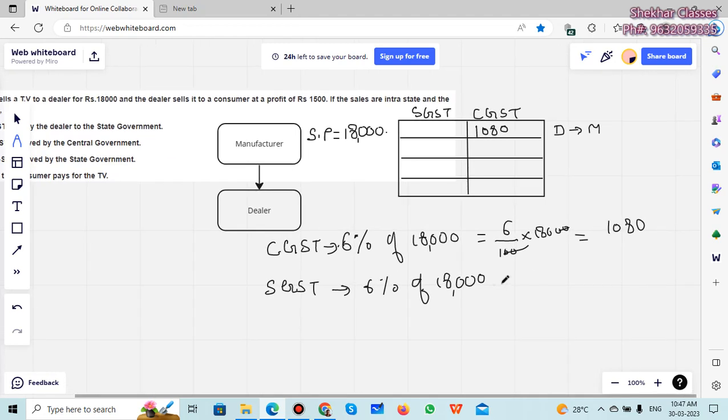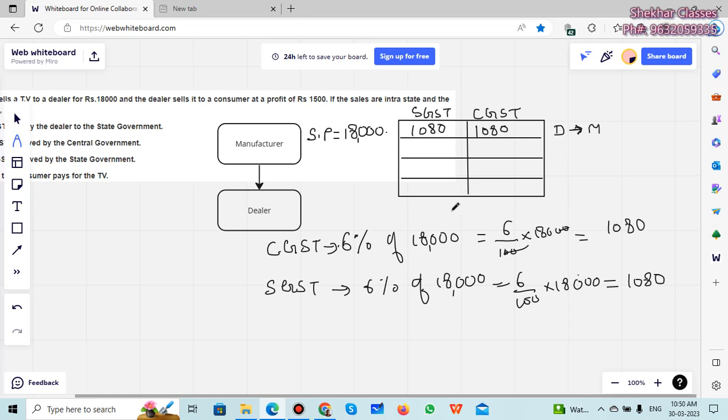If you calculate SGST also, it will come the same, 1080. So I'll write 1080. This is the tax collected by the manufacturer from the dealer.